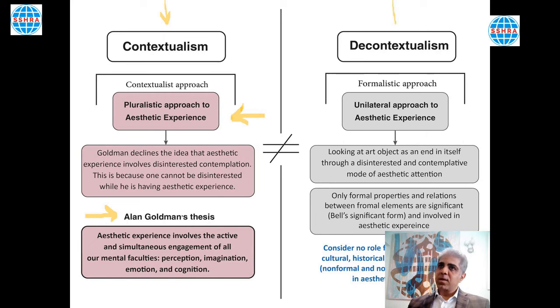On the other side, on the right side, we have decontextualism. I believe that the formalist approach falls under decontextualism, because decontextualism considers no role for different kinds of context of the artworks, right? For example, historical, cultural, and social.